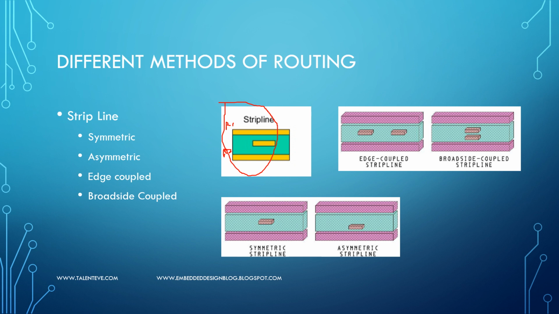For example, if I have a conducting signal layer at X in the internal layer, the upper plane next to it could be at a distance of, for example, 1 mil, and the bottom layer could be at a distance of 2 mils. This is just an example to give an overview. So that is how we can say a symmetric strip line or an asymmetric strip line.